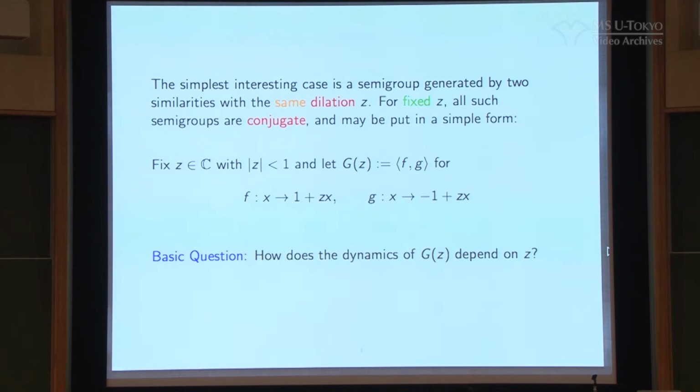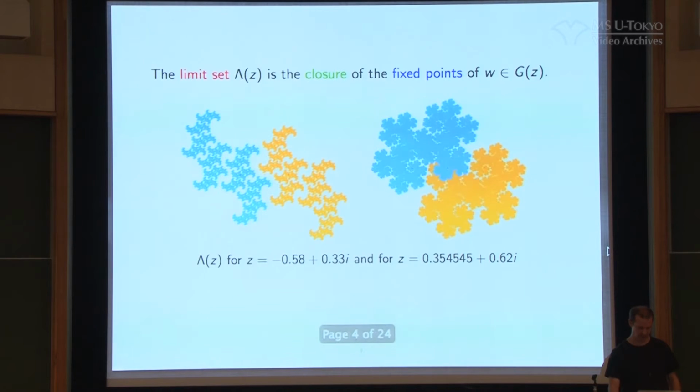So if you have a dynamical system, it's natural to try to find some sets which are invariant under that dynamical system, and that's somehow where a lot of the interesting dynamics is captured. And it turns out in this case that there's only one really interesting invariant set, where the dynamics is interesting, the so-called limit set.